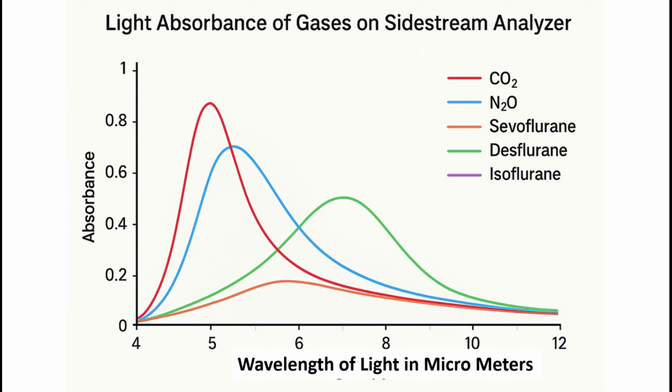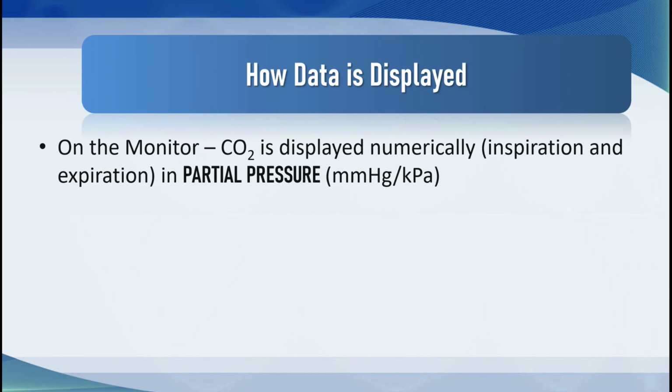Volatile agents absorb light at much longer wavelengths, around 8 micrometers. On the monitor, carbon dioxide is displayed numerically on inspiration and expiration, and those numbers are referenced as partial pressures in millimeters of mercury or kilopascals.